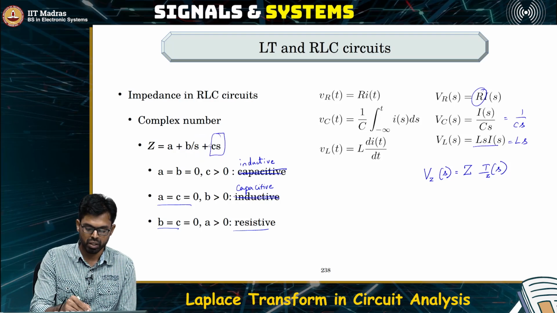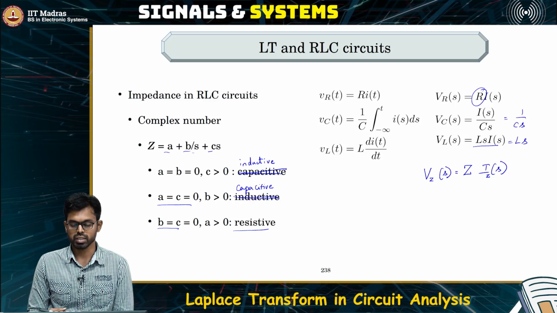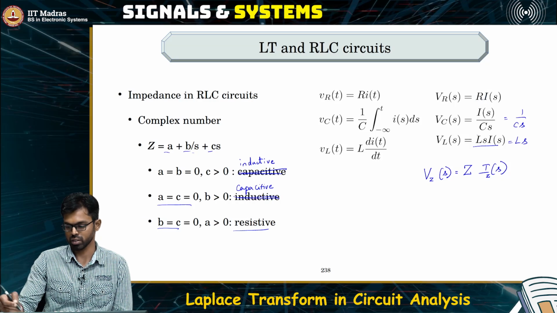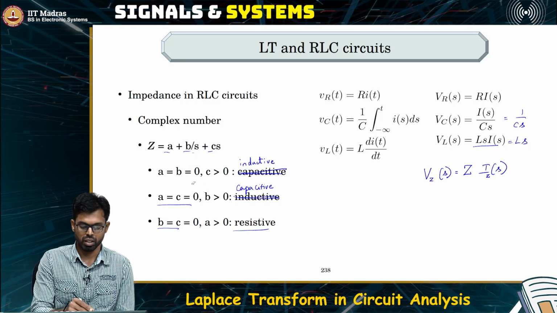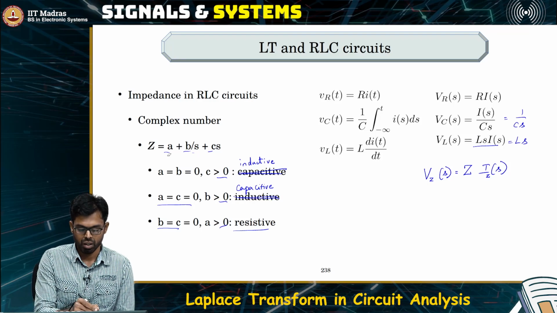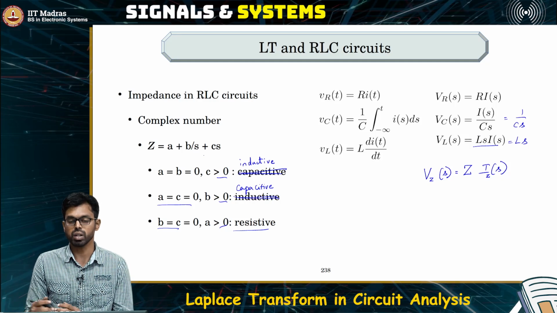So one thing to keep in mind is all these terms are positive. A, b and c, whenever they exist, they should be positive terms because we cannot have a resistor or capacitor or an inductor which is negative. So all these terms have to be positive when they exist. So this can model an inductor or a capacitor or a resistor or any combination of them in series.